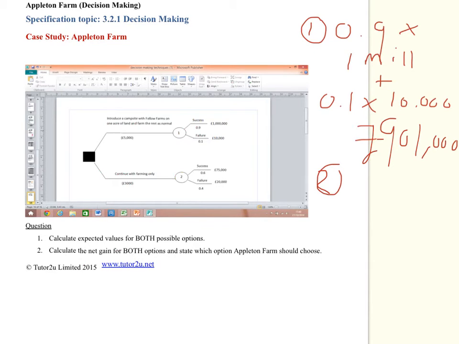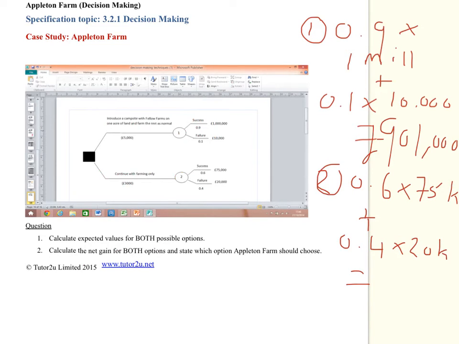Then we need to do the same, because it's asking for both, for the second choice, which is to continue with farming only. So we would do 0.6, so 60% chance of the increase being 75,000. Put a K for 1,000. Plus 0.4 times 20,000.